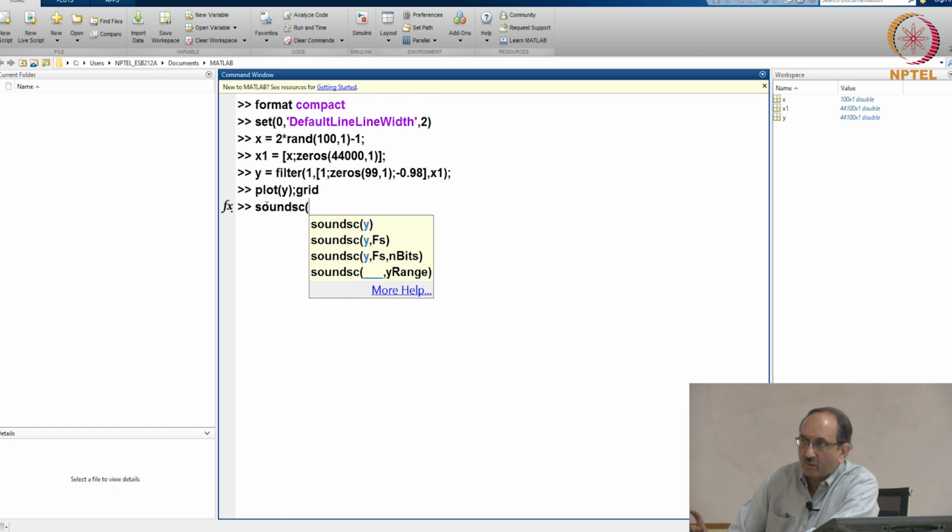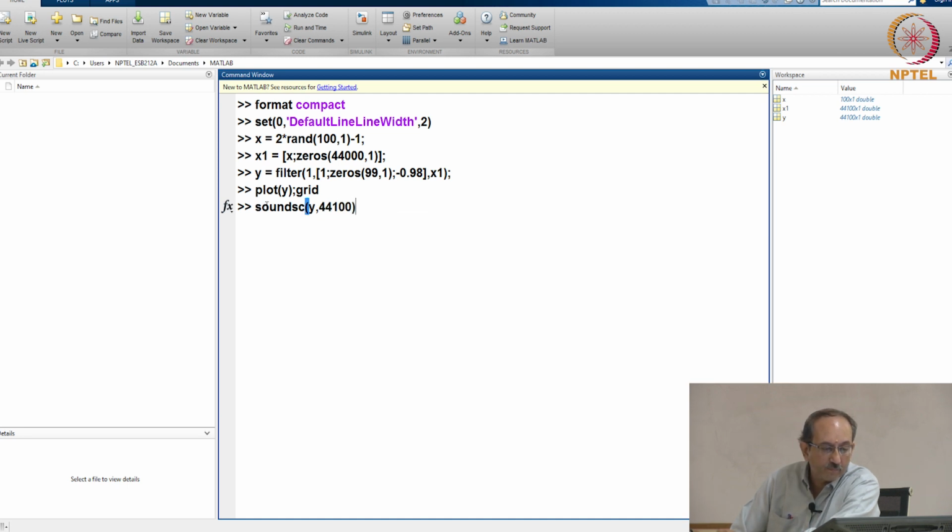If you just use the sound command, if you have not scaled it properly, you may either exceed MATLAB's expected range, or if it's too small, the volume will not be loud enough. Whereas if you exceed the range, you will start to get clipping. So soundsc will take care of the normalization so that it's within the maximum range possible. So y is a vector, and then the sampling frequency is 44,100 is what I'm going to use.